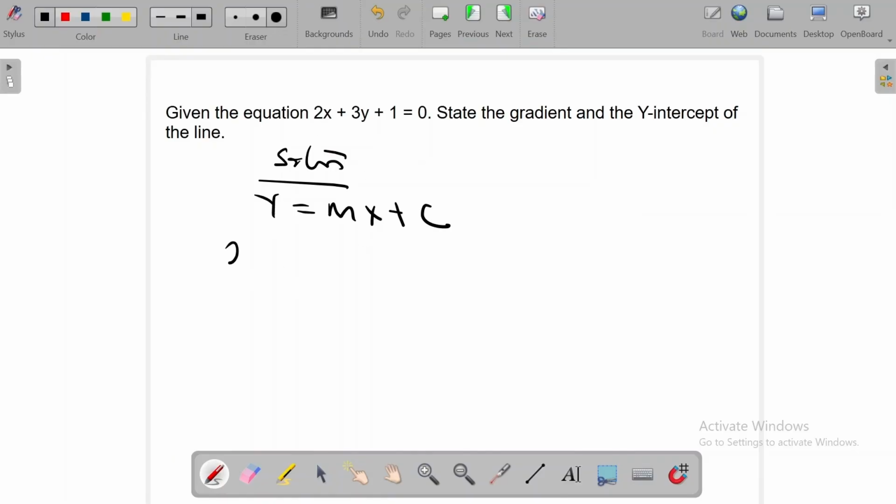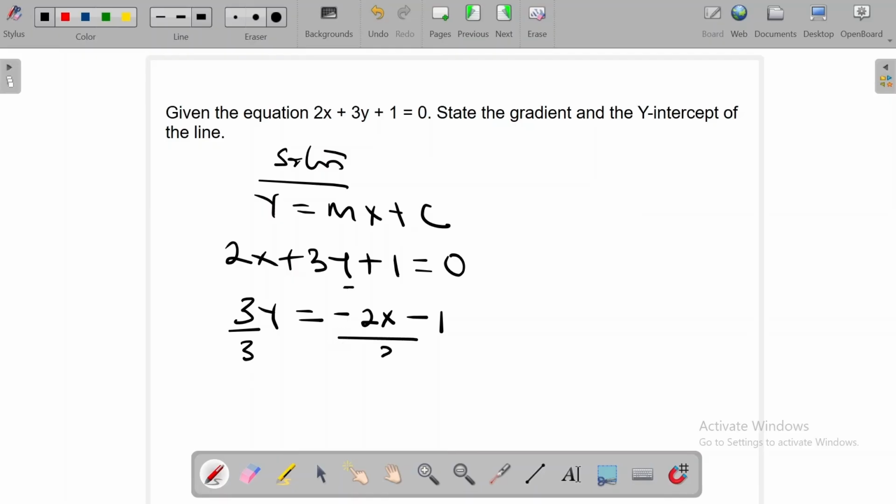If I have 2x plus 3y plus 1 is equal to 0, to make y the subject, this becomes 3y is equal to negative 2x negative 1. So divide here by 3, divide by 3.